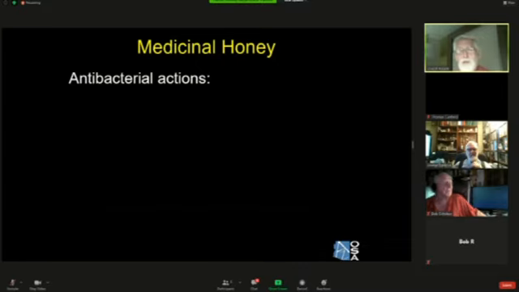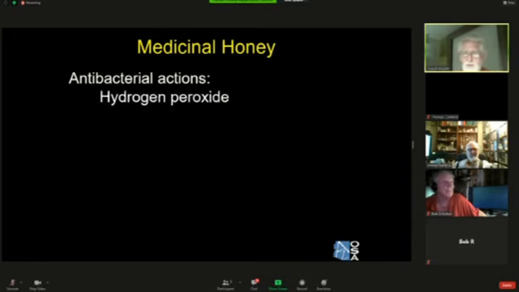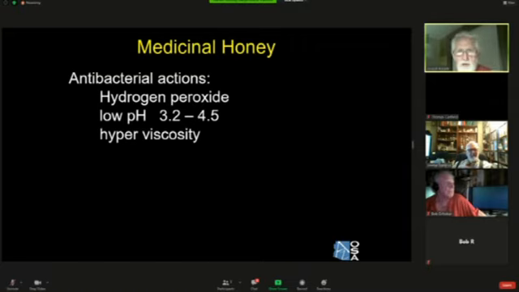Well, the properties of honey in terms of medicinal action: there's the antibacterial actions we mentioned with the hydrogen peroxide, and the acidity, making it so that the microorganisms are less likely to be able to grow. Hyperviscosity means super thickness. It's still a liquid, but it's very, very thick.